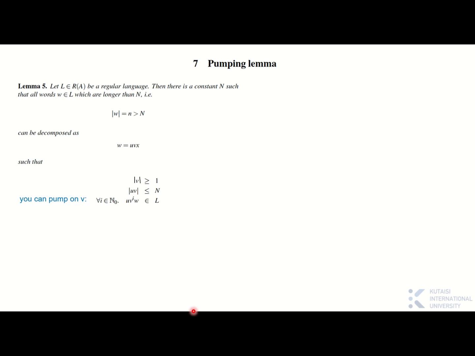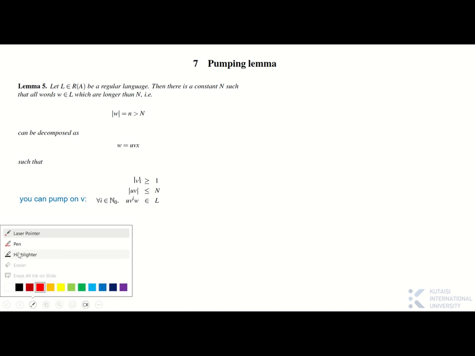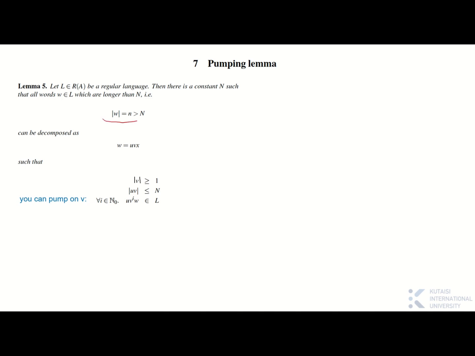So this is what the pumping lemma says, and let's try to understand it. Let's say my language is regular. So I'm given a regular language. It says that if your language is regular, then there is a constant number n. There always exists a number n for a given particular language, such that all strings that are longer than n can be decomposed in 3 parts.